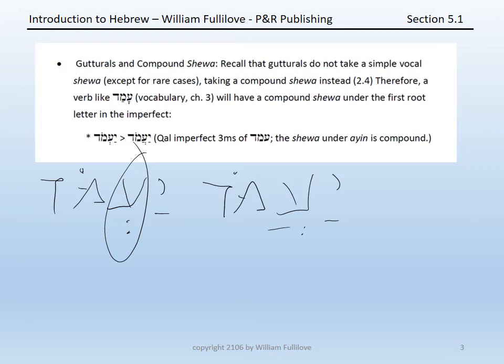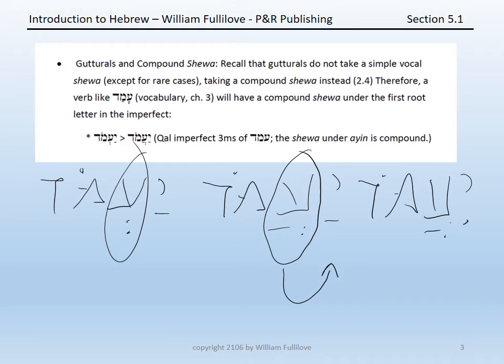To this observation we should add the following. Gutturals tend to prefer A-class vowels, and this preference for an A-class vowel can become so strong that it can influence the preceding vowel. You will rarely find something like y-amod, if ever.